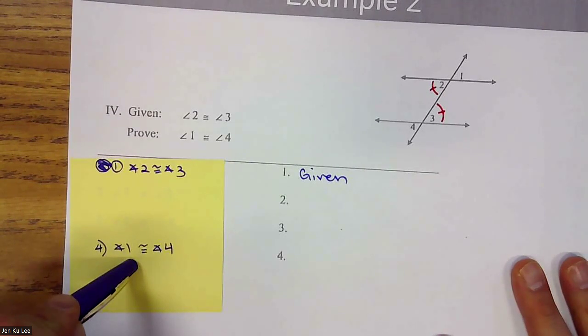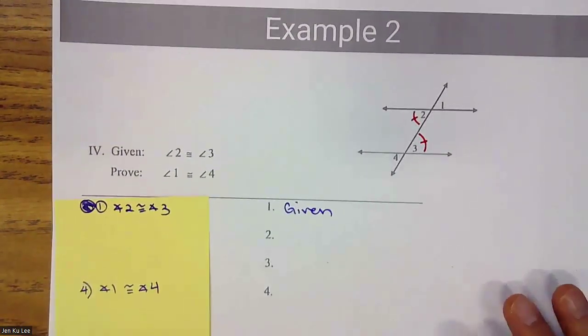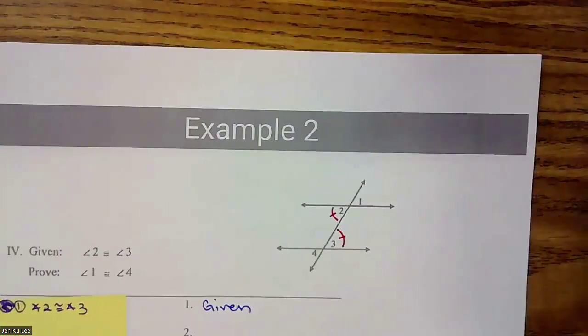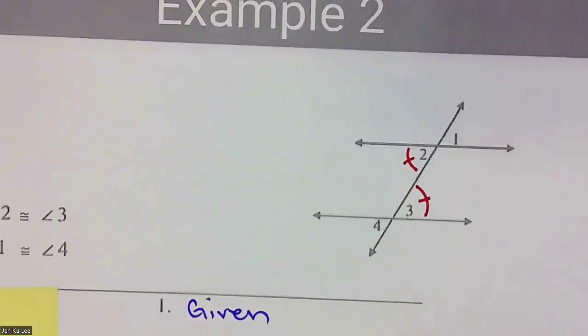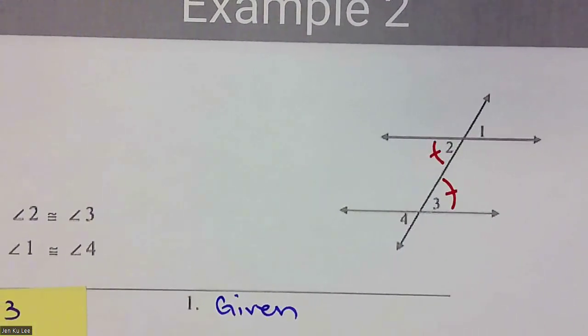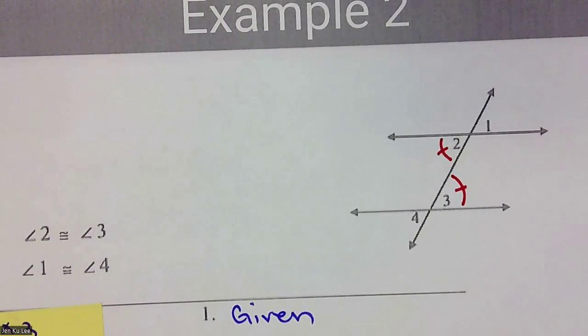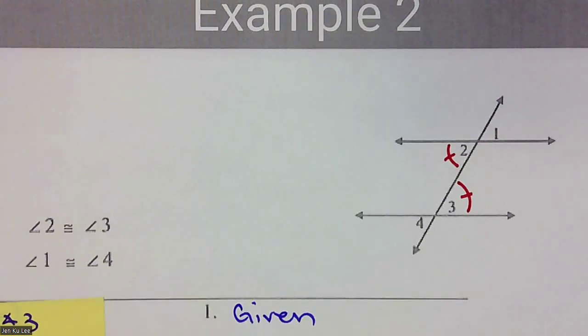Okay? So now, if I give you this, and we have to prove that angle 1 is congruent to angle 4, try it. Try and reason your way through to see if you can figure out how angle 1 is congruent to angle 4. Okay? Go.